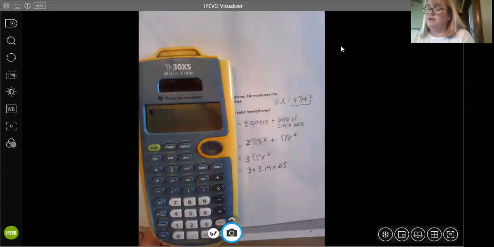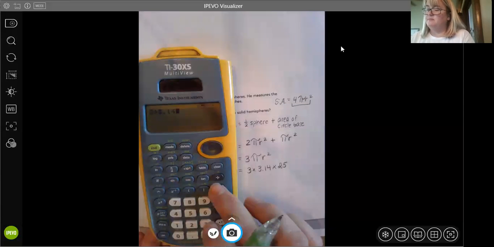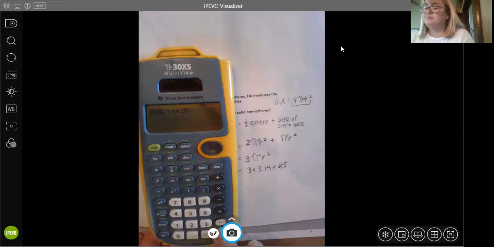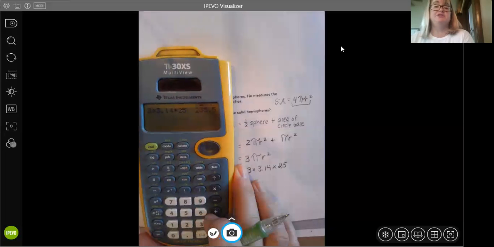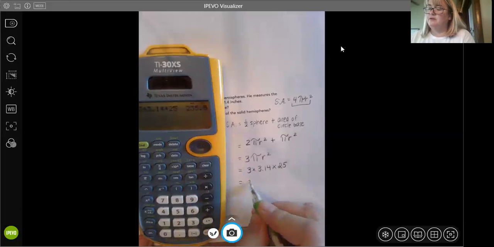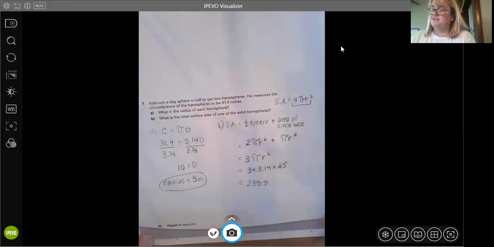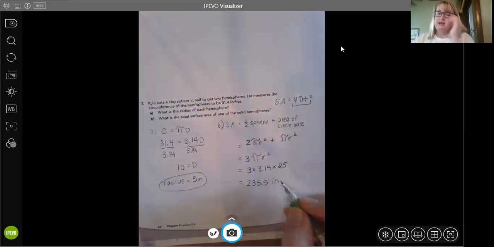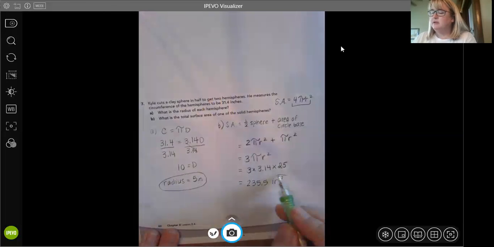And we're going to do 3 times 3.14 times 25. And that equals 235.5. Our unit is inches, and area is a square measure, so it needs to be square inches.